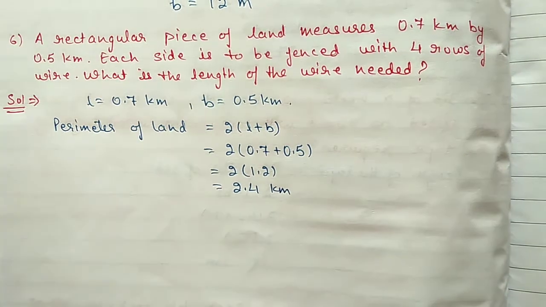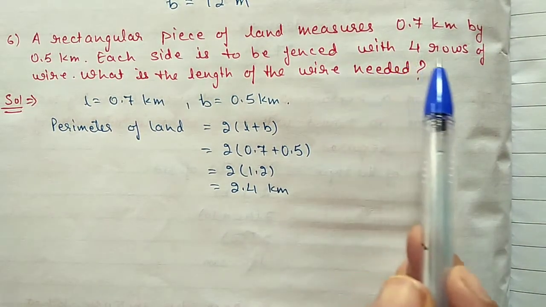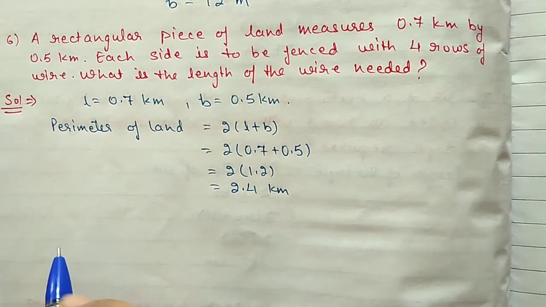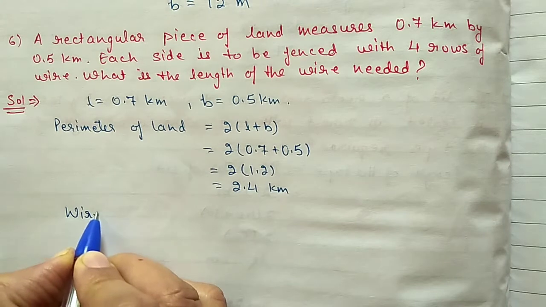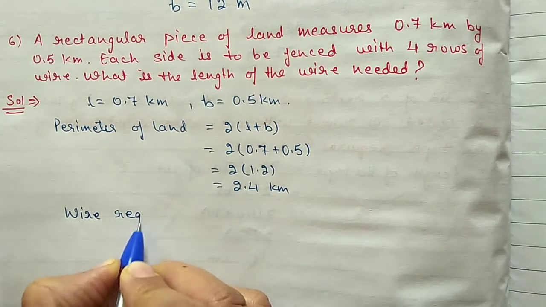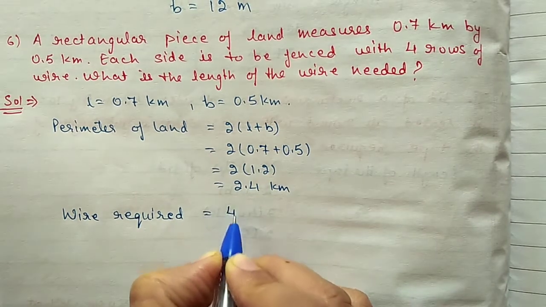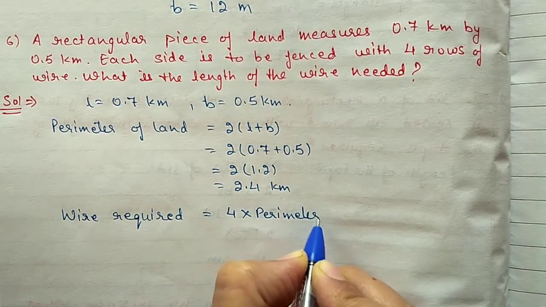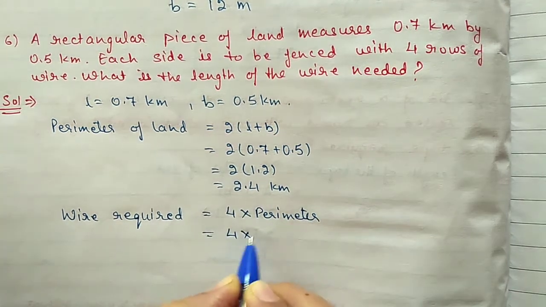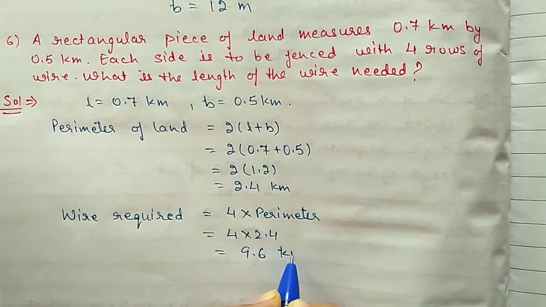So perimeter of land is 2.4 kilometer, and because we are putting 4 rounds of wire, so wire required is equal to 4 into perimeter, because 4 times we are putting wire. So 4 into 2.4, which you will get 9.6 kilometer.